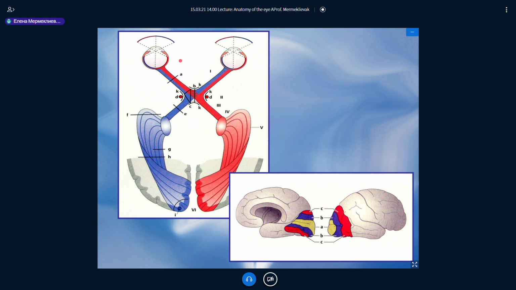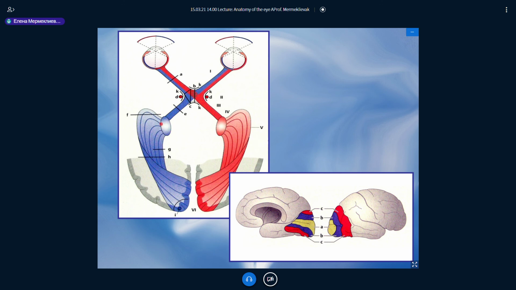We have 3 neurons in the retina. After that, we have the 4th neuron here in the corpus geniculatum laterale. And what else is important is that the fibers from the medial part of the retina cross and go to the contralateral hemisphere, and the lateral part of the retina does not cross and goes to the ipsilateral part of the hemisphere.